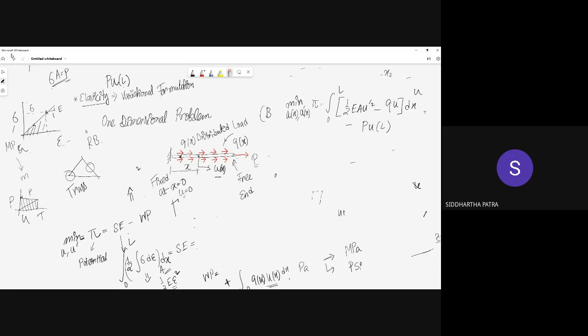Now I can right away apply the Euler-Lagrange equation right here. But I would do something else. I would make a step and do this.